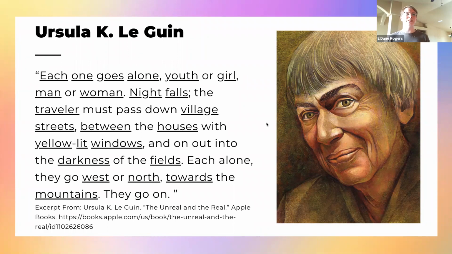All right, with yellow-lit windows, notice there's a little hyphen here between yellow and lit. That's when I've got an adjective plus a verb that's coming together to create an adjective. So it's telling you how something is lit. That lit is a passive participle or a past participle, they call it.